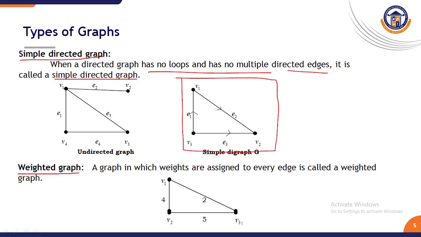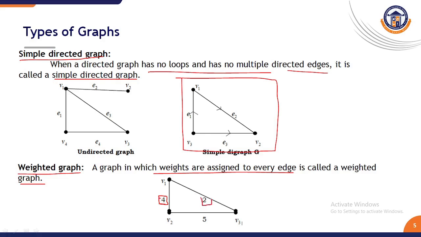Weighted graph. A graph in which weights are associated to every edge is called a weighted graph. So in this example, the edge between V1 and V2, its weight is 4.